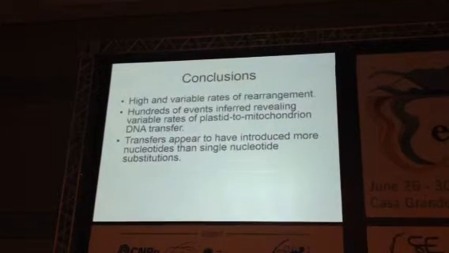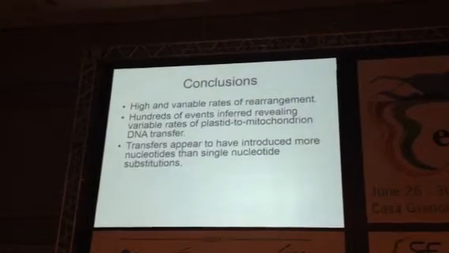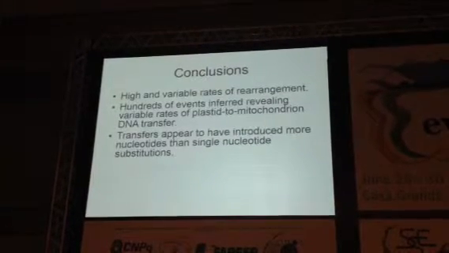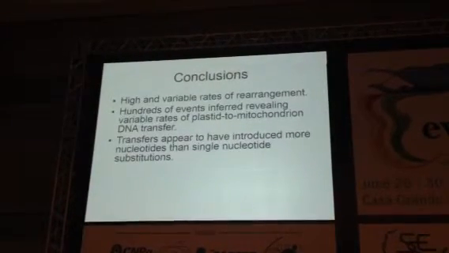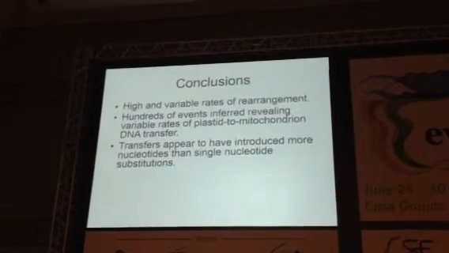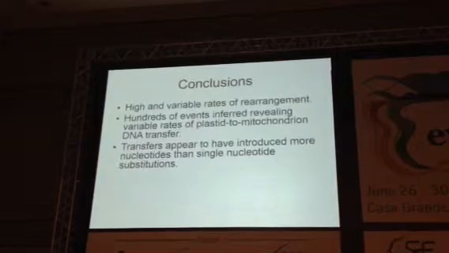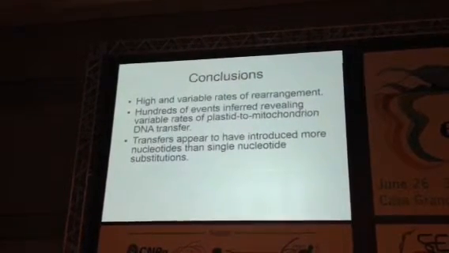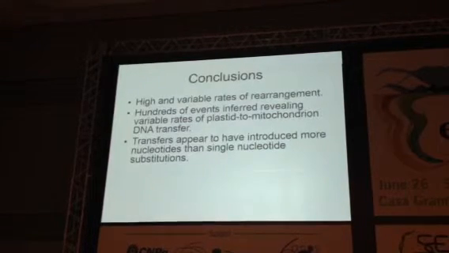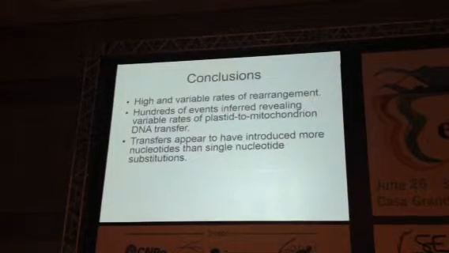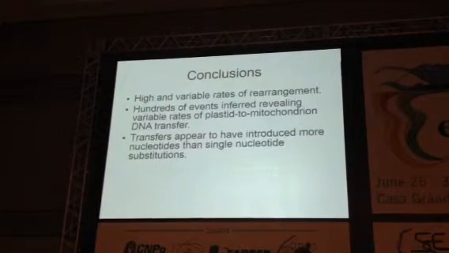And these transfers appear, if we take those values at face value, to have introduced more nucleotides than single nucleotide substitutions. So this force is important. I'd like to stress that because this has not been examined before. And it's a very important aspect in the evolution of organelle genomes, relevant to all flowering plants, all of which have some proportion of plastid-derived DNA in their mitochondria.